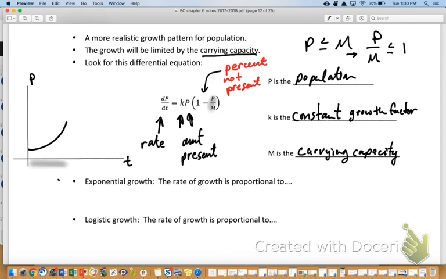Like if, let's just use some numbers to help us. Let's say that it's 1,000 students, and at the start only 1 student was sick. What's P over M? 1 1,000th. And then what's 1 minus 1 1,000th? 999 1,000ths, or 99.9%. Right?